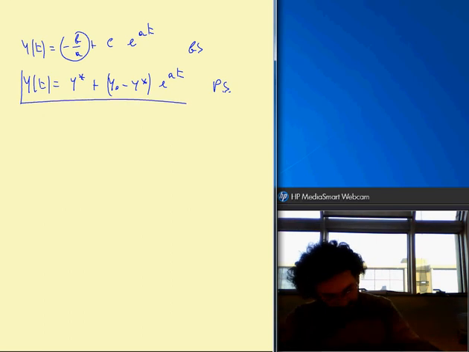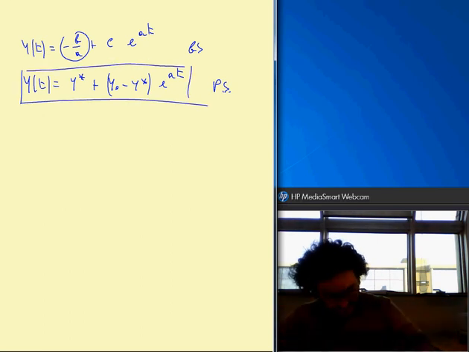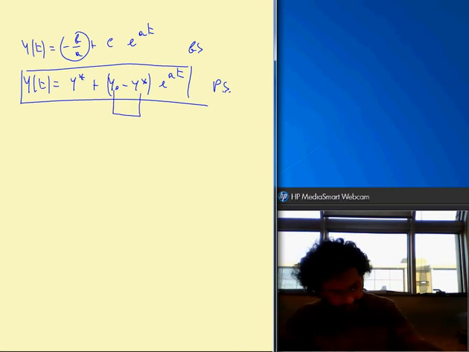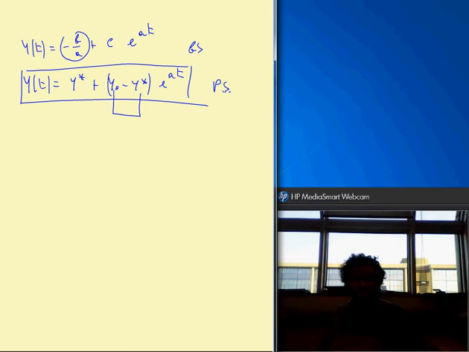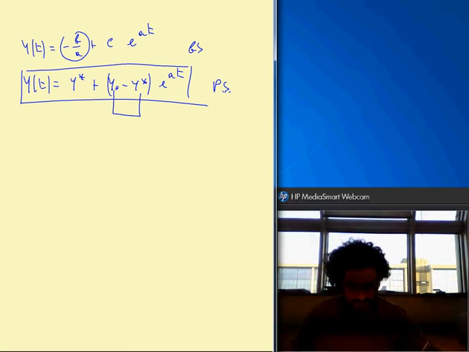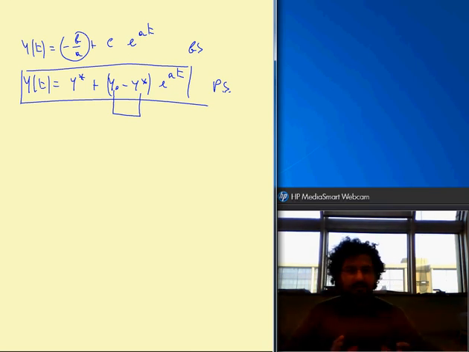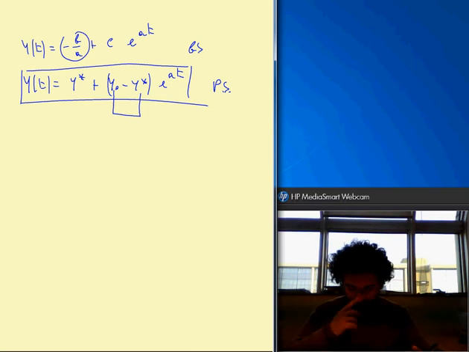From this expression we can see that if the initial value of our variable is other than the steady-state solution, we don't know if the variable will come back to the steady state.